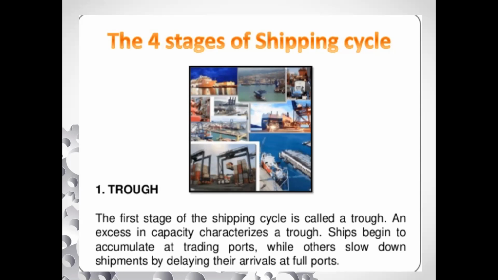See, the first stage of the shipping cycle, where there are low freight rates, is called the rough stage, and excess capacity characterizes the rough stage. Ships begin to accumulate at the trading ports, while others slow down shipments by delaying their arrivals at full ports.